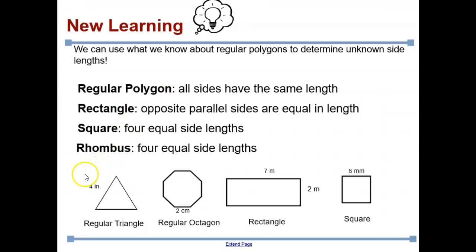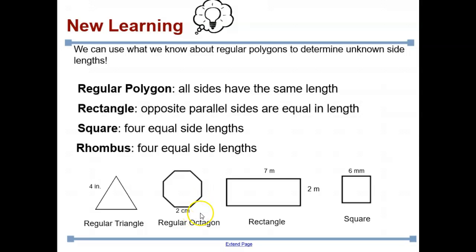So for example, if this side length was 4 inches, I know that this side length would also be 4 inches, and so would the third side length, because regular polygons have all equal side lengths. If this were a regular octagon, if this side length were 2 centimeters, all of the other side lengths would also be 2 centimeters.